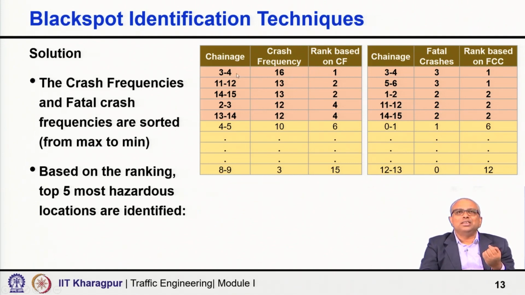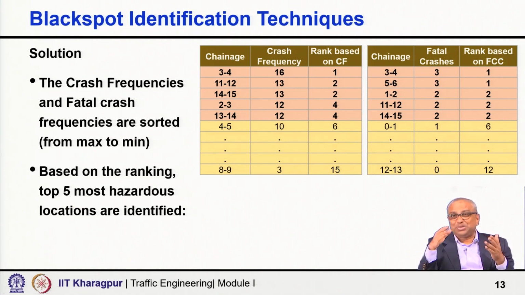Incidentally, you can see here, maybe just a coincidence, that the 3 to 4 chainage is number 1 based on crash frequency, and also number 1 based on fatal crash count.